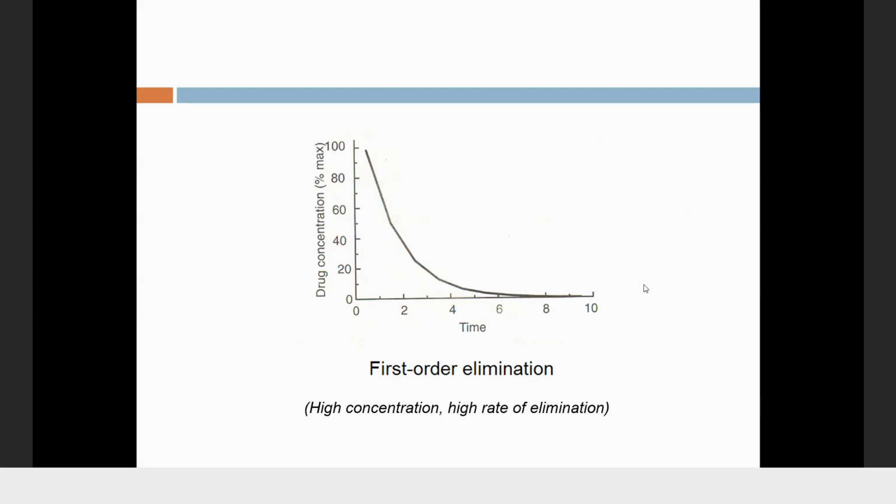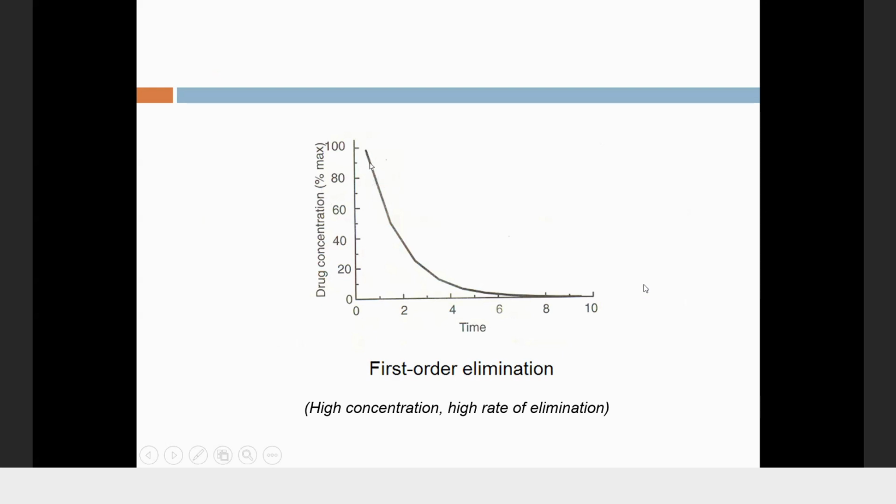So this graph shows the first order elimination. You can see here the y-axis is drug concentration in percentage versus time. It shows high concentration here. When the drug is at high concentration, the elimination rate is also high.